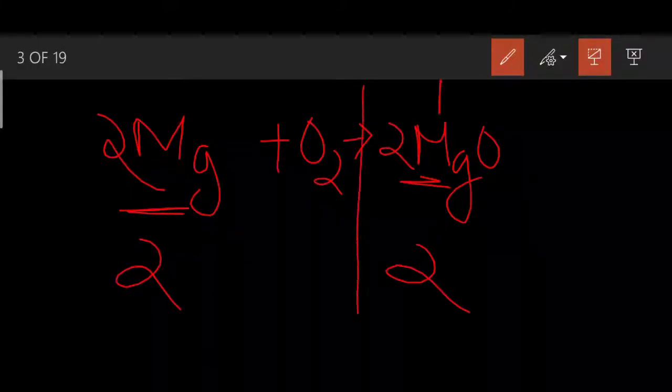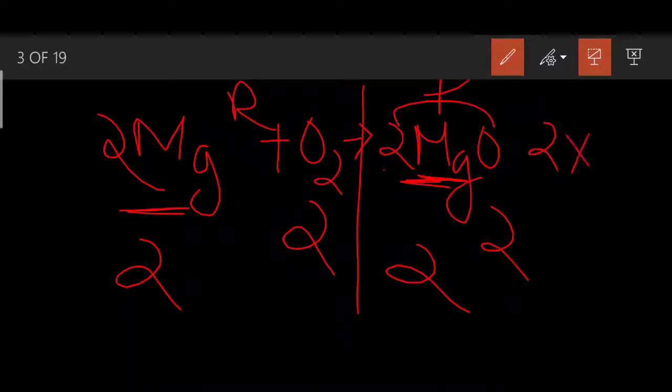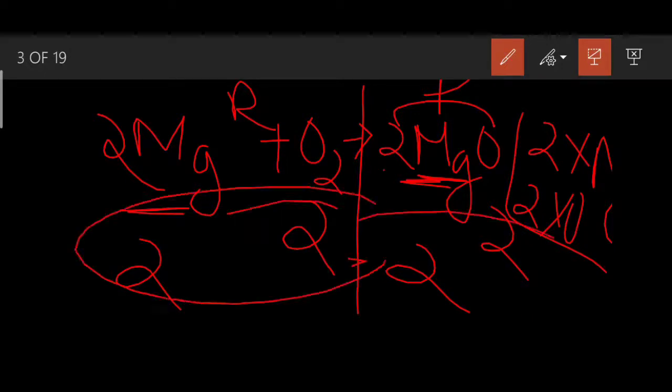This is the product side, this is the reactant side. Here oxygen is 2, here also oxygen is 2. This 2 we have to multiply: 2 into Mg, 2 into oxygen, like this. So it's perfectly balanced. Here also 2, here also 2. So it's balanced now.